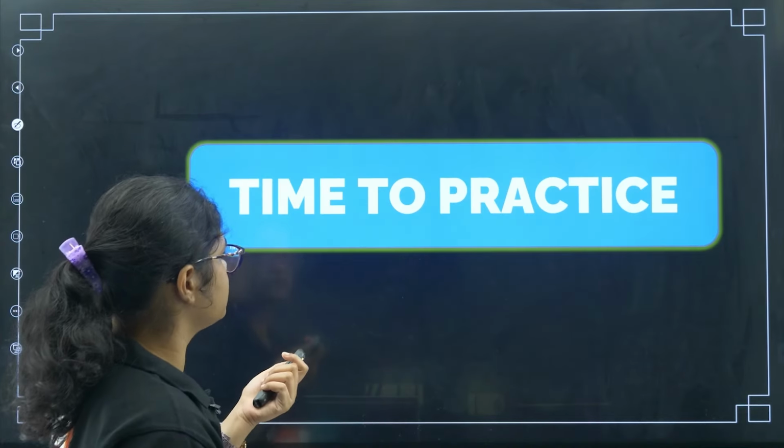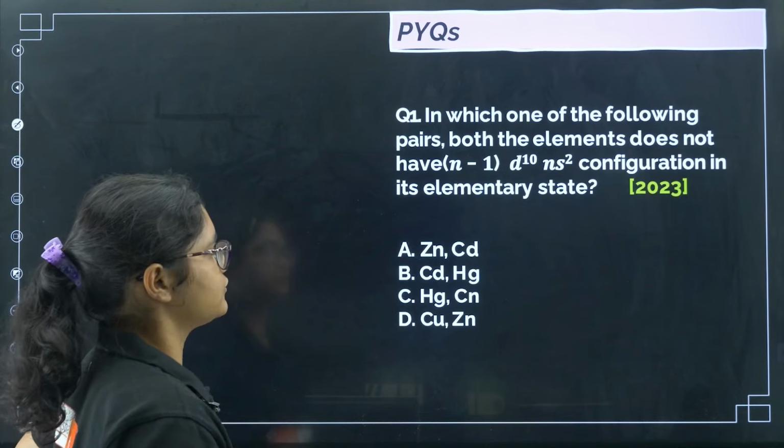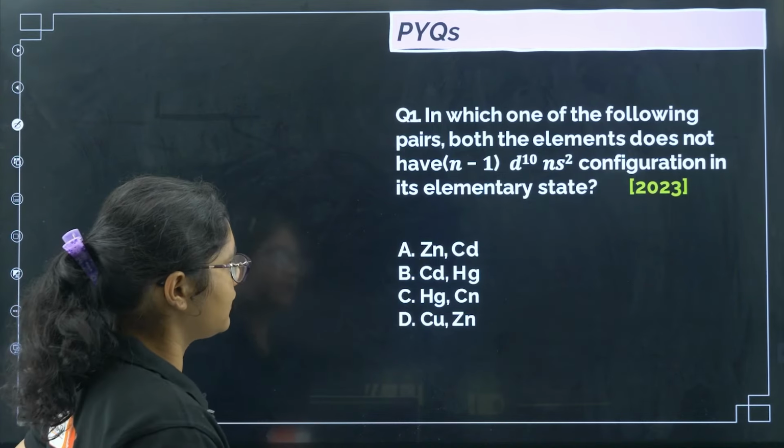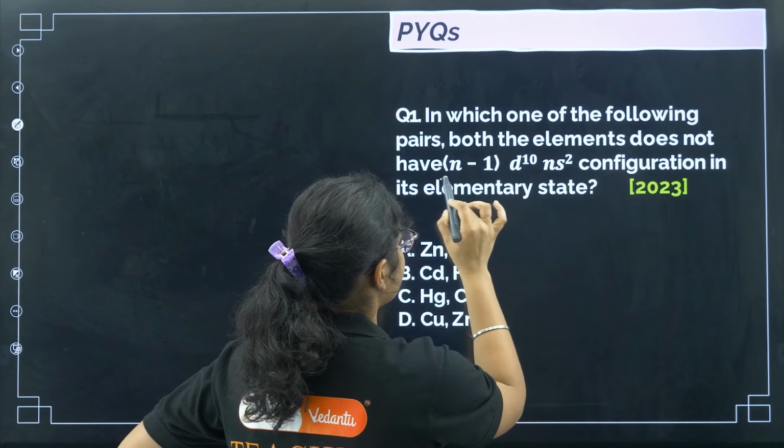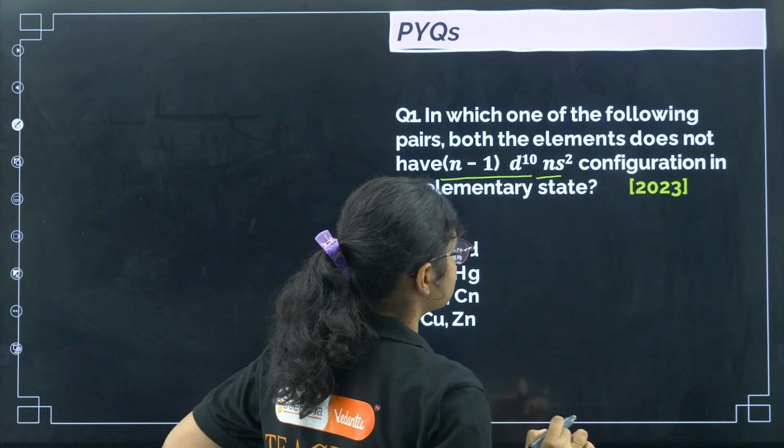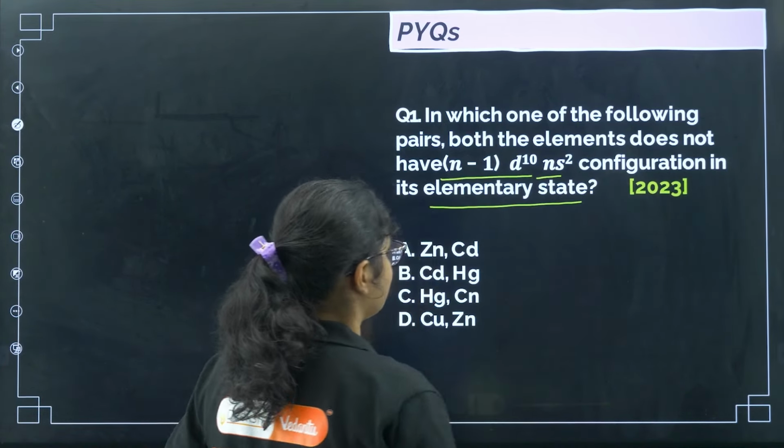Now let us do some PYQs. This question was asked in 2023. In which one of the following pairs do both the elements not have (n-1)d10 and ns2 configuration in their elementary state?